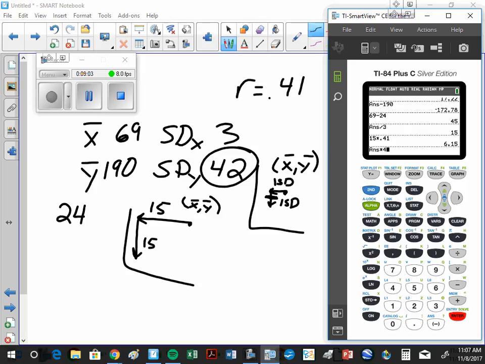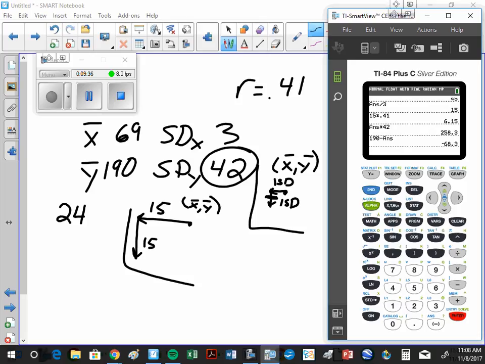So 6.15 times 42, and then I'm going to take 190 and subtract the answer. And this man is negative 68 pounds. It doesn't work. Okay, so what does this tell us? This man does not exist. According to our regression line, that would put him at negative 68 pounds.